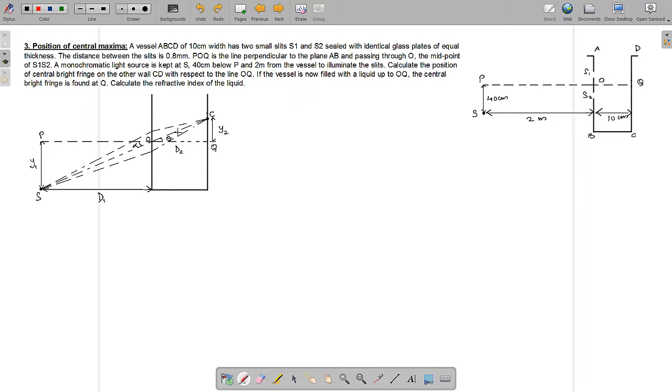Now, there are two types of path differences that are going to take place here. Before the light reaches the slits S1 and S2, there is going to be some path difference which we can calculate.